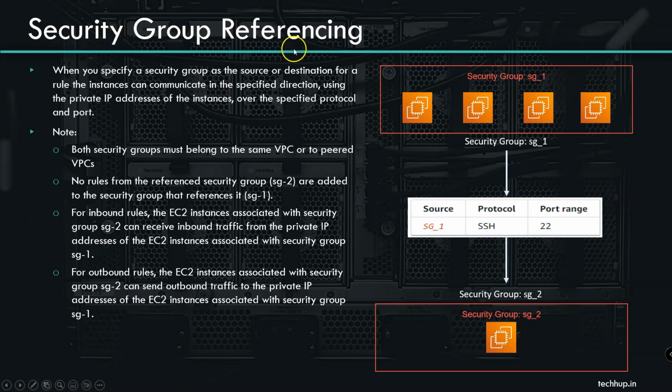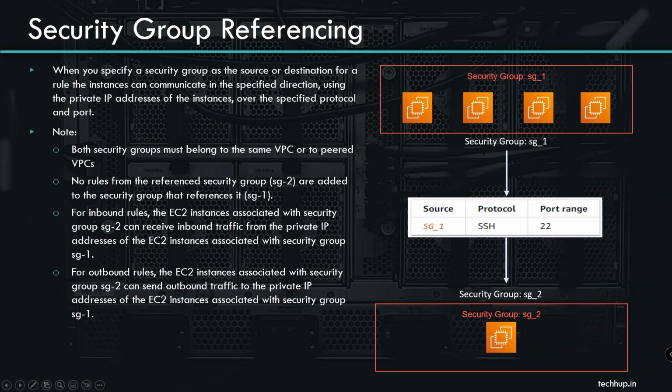If instances are associated with security group 1, and security group 1 is allowed to SSH into instances attached with security group 2, all instances attached with security group 1 will have access to instances that have security group 2. This is an example of security group referencing.